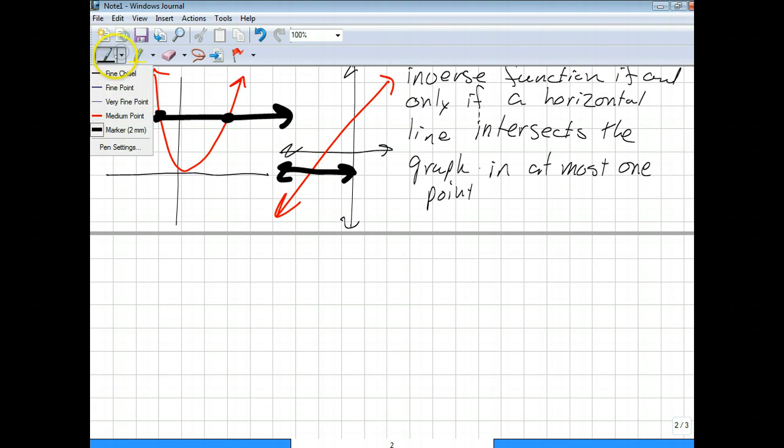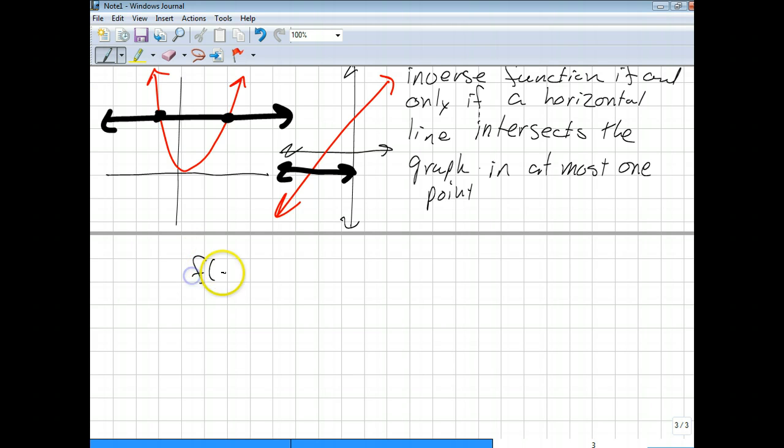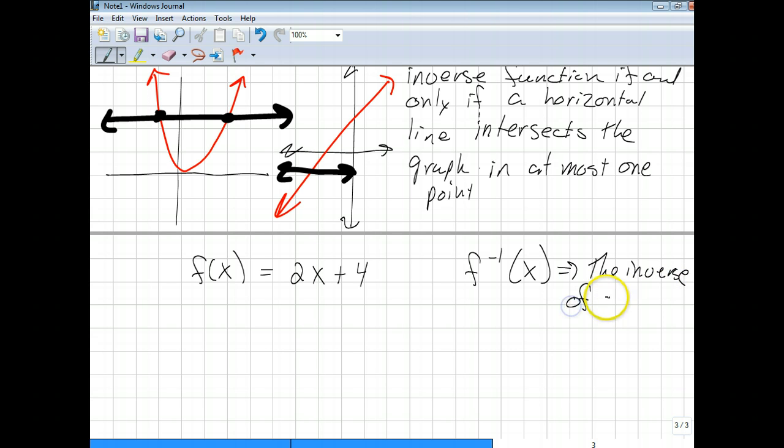Notation. The symbol that we use for a function, so if f of x equals, say, 2x plus 4, which is a linear function, then f inverse of x means the inverse of function f. So this notation means that we're looking for the inverse function.